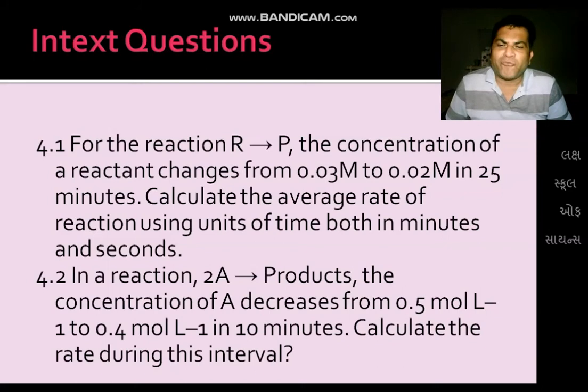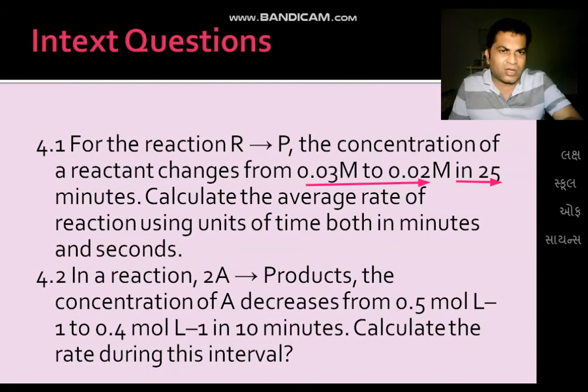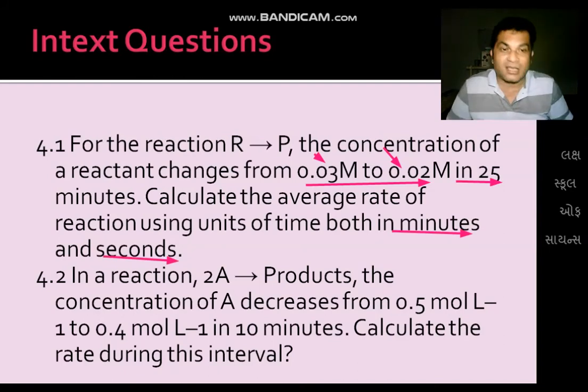For the reaction R to P, the concentration of a reactant changes from 0.03 to 0.02. So this is R2, this is R1. Take R2 minus R1 and divide by 25, and whatever answer comes is the rate. Divide by 60 to convert to seconds, multiply by 60 to convert to hours. That's all.